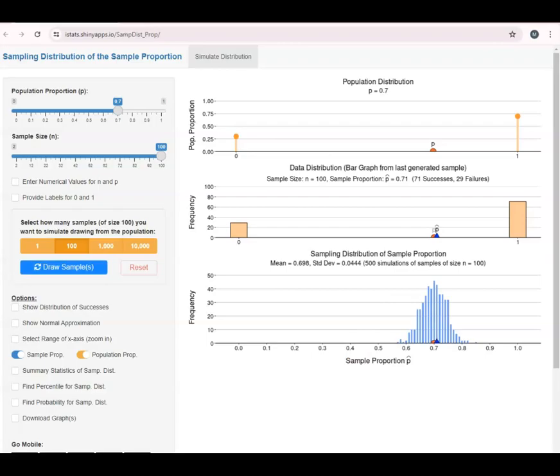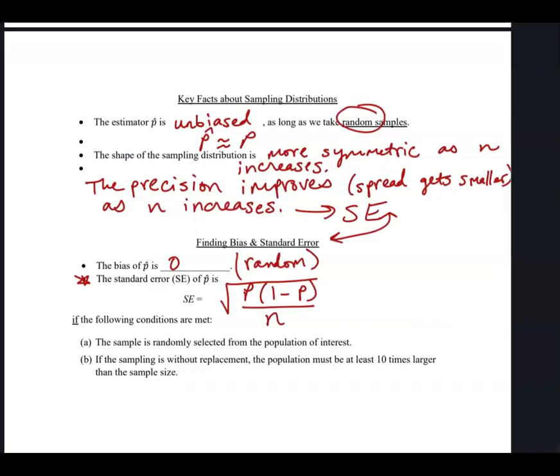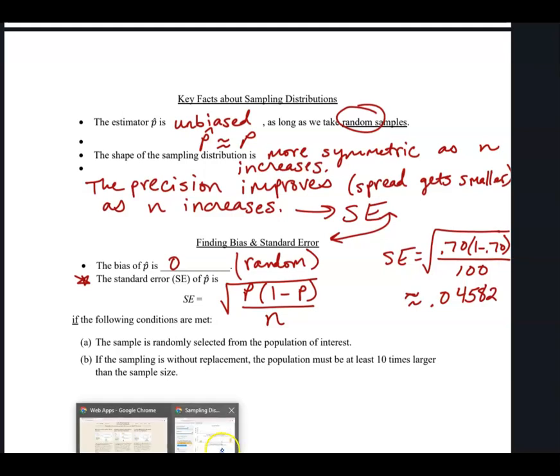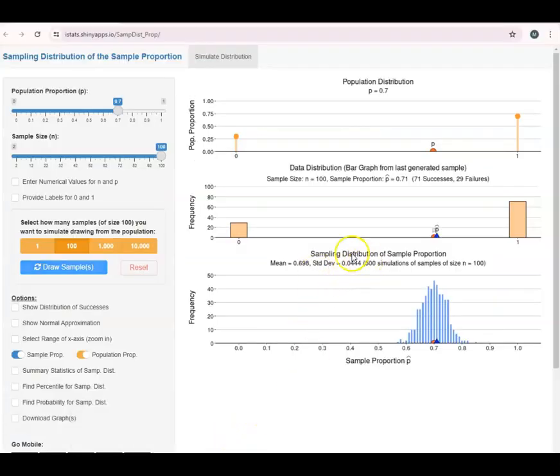So for this distribution, my standard error would have been the square root of 0.7 times 1 minus 0.7 divided by 100. I want you to pause the video, put that into your calculator, and tell me what that gives you. I'm getting approximately 0.04582.